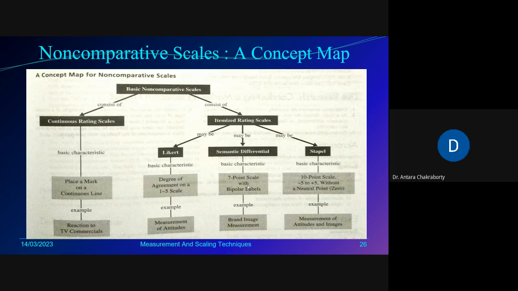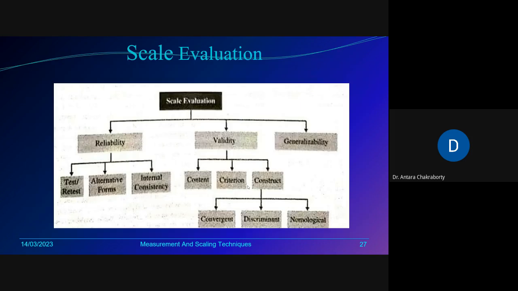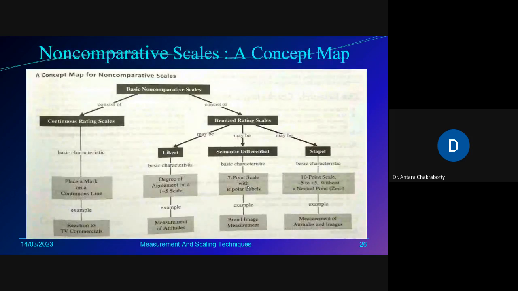Sir, I have one question. Can I ask you? Yes. In staple scale, the customer cannot show any neutral opinion since there is no zero, right? Yeah, it means you are forcing the customer to have an opinion.